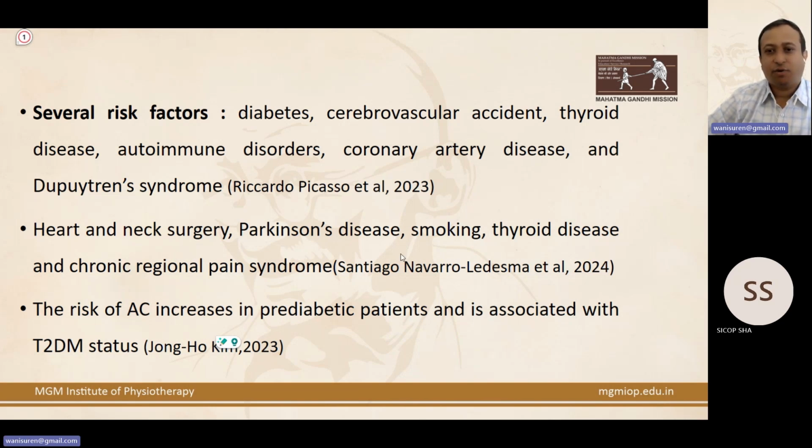Heart and neck surgeries, Parkinson's disease, smoking, thyroid diseases, and chronic regional pain syndromes are also contributing factors. One study has already proven that pre-diabetic patients are also at risk of developing adhesive capsulitis.